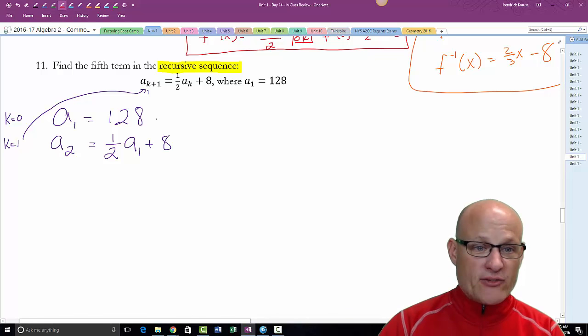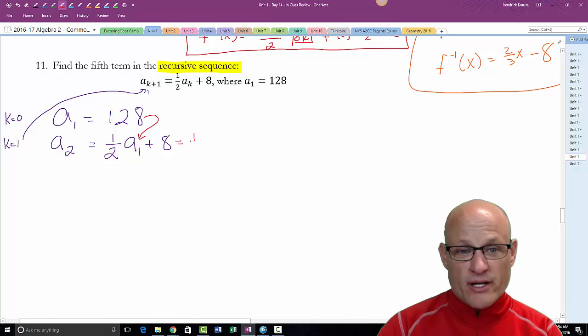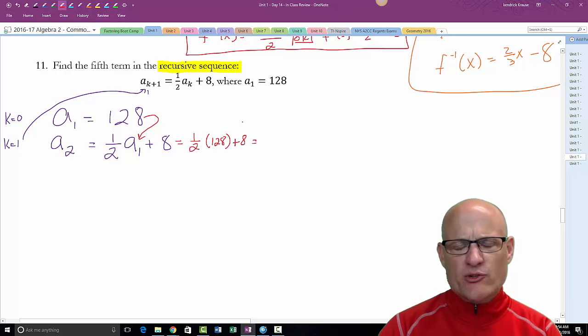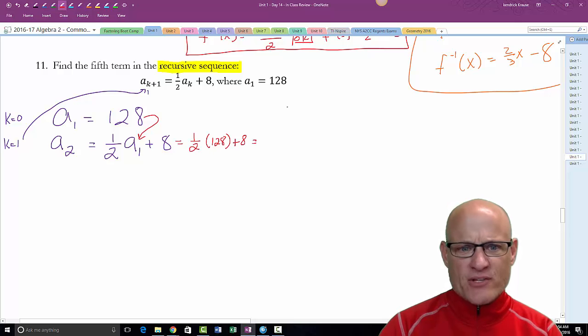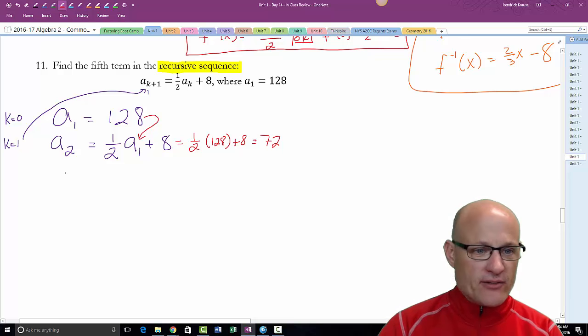Well, what is a sub 1? It's 128. So this is really just 1/2 of 128 plus 8. Half of 128 is 64. 64 plus 8 is 72. That's a sub 2.